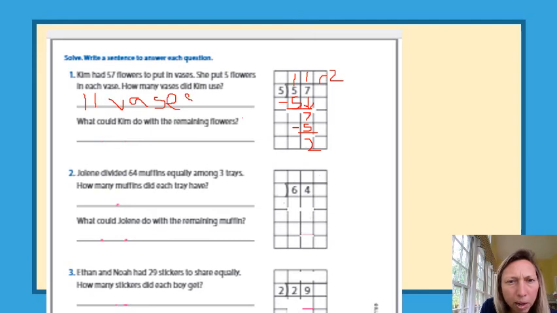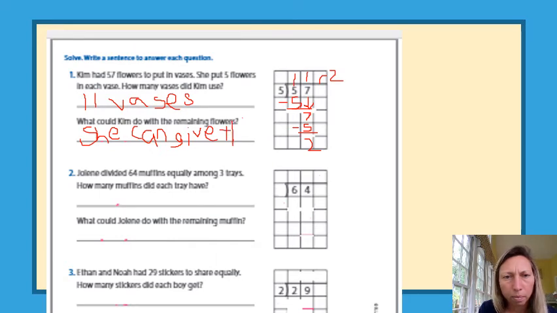What could she do with the remaining flowers? What do you think she could do with those flowers? She has 2 leftover flowers. I could say she can give them to her grandmother, just as a gift.